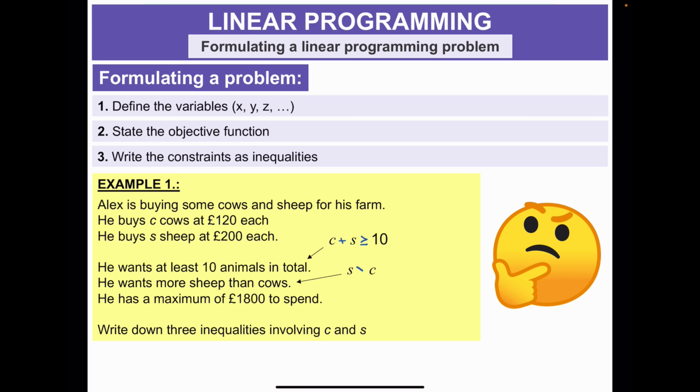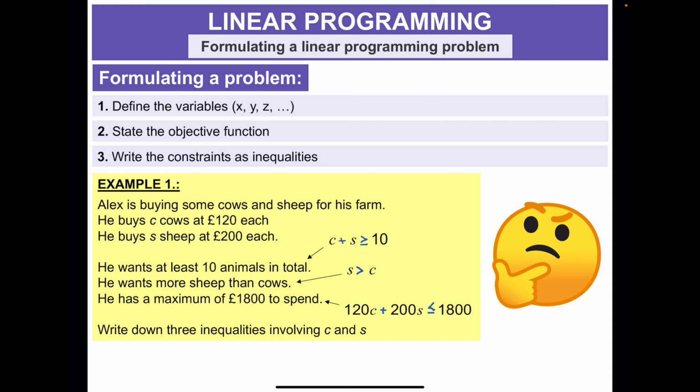That means S is greater than C. And then he has a maximum of 1800 pounds to spend. That means when I multiply the number of cows times their price and the number of sheep times their price, you will not exceed 1800. That means it must be less than or equal to 1800.